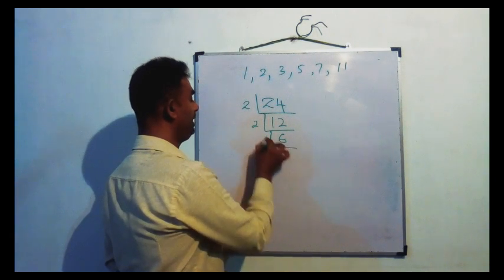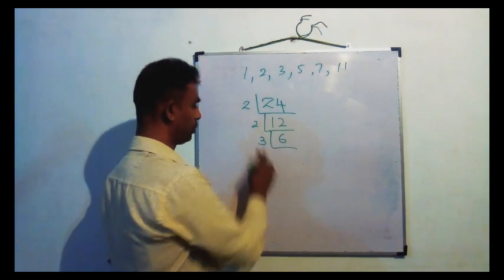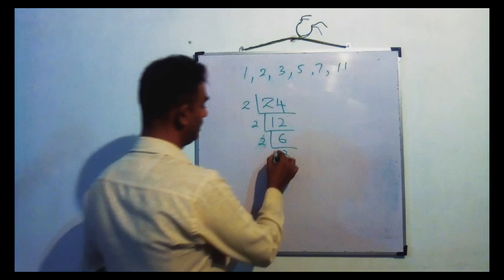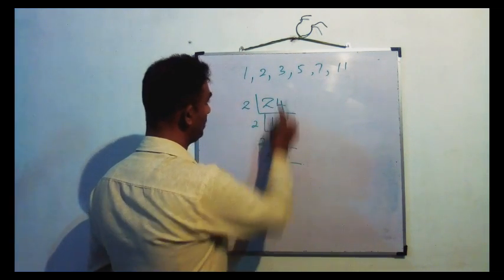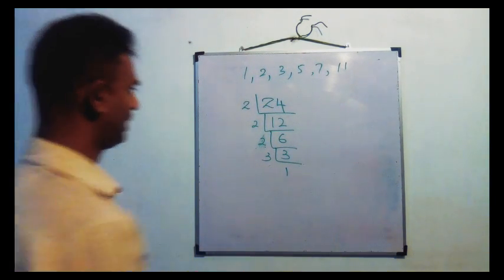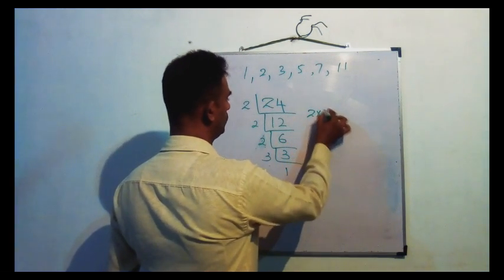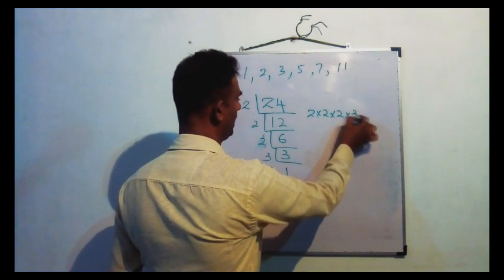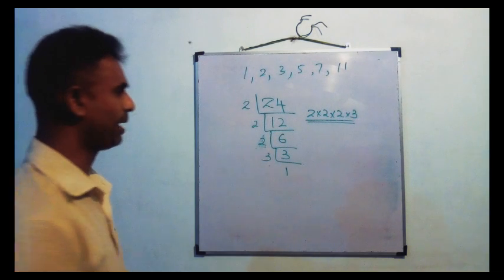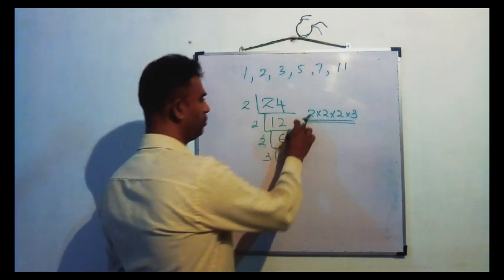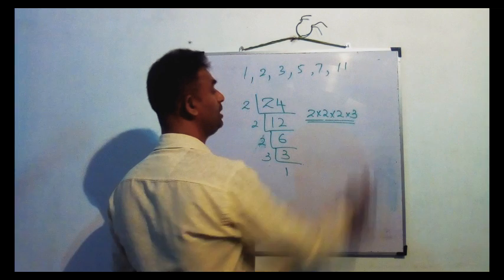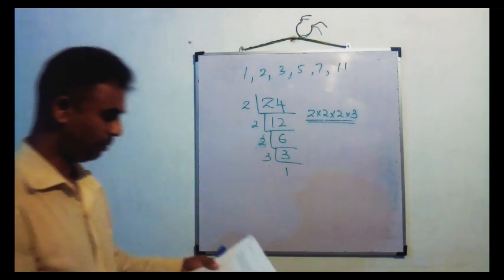It can divide by 2 again, 3. Next, 3 can divide by 3. 3 is a prime number without remaining. Those are the prime factors. 2 into 2 into 2 into 3 are the prime factors of 24. 2 into 2, 4. 4 into 2, 8. 8 into 3, 24. Prime factors.